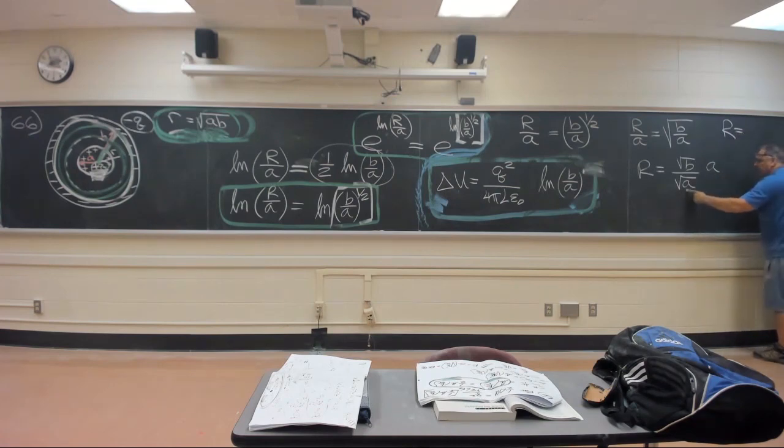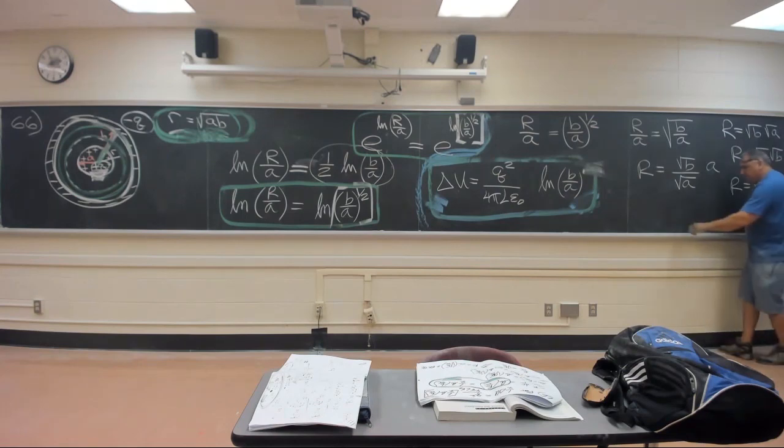How many times does the square root of A go into A? Square root of A times. Square root of B times square root of A is the same as the square root of A times the square root of B. Capital R is the product of two roots is the root of the product. You're done.